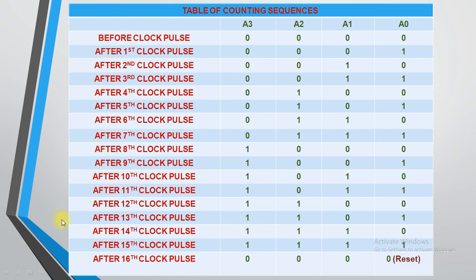Now in this particular column, before passing the clock pulse to the flip-flop, the data would be 0. All the data would be 0. This is flip-flop 1, flip-flop 2, flip-flop 3 and flip-flop 4. So when you pass the clock pulse for the first time, or when you pass the first bit, 0001 is there.